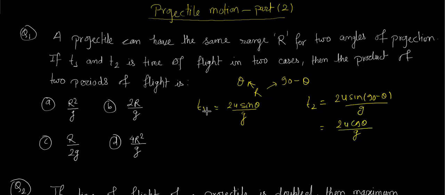It is said that if t1 and t2 are the times of flight in two cases, then we need the product of the two. Now if we multiply these two, we get 2 times 2, which is 4.